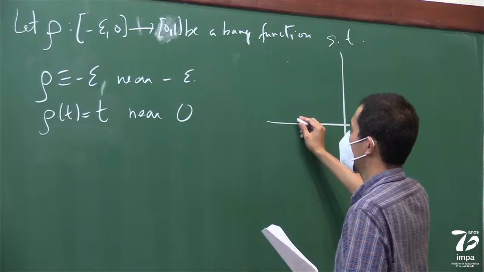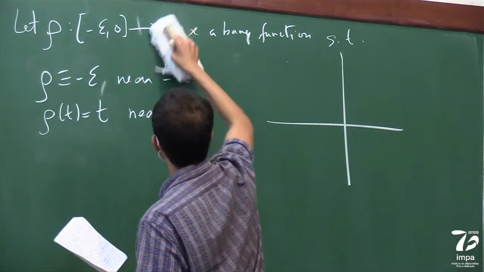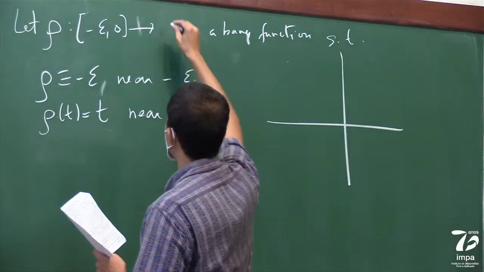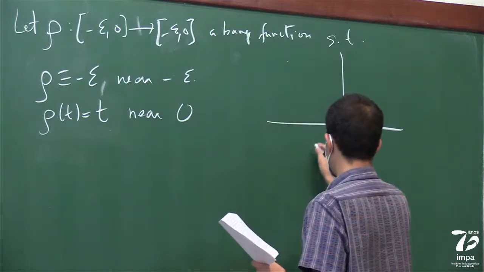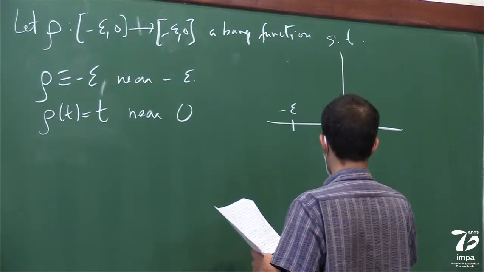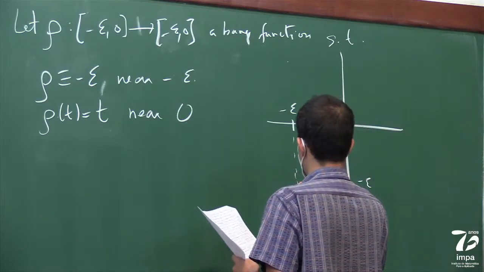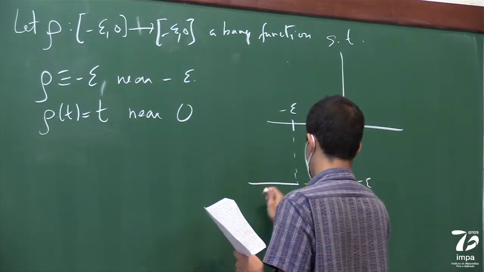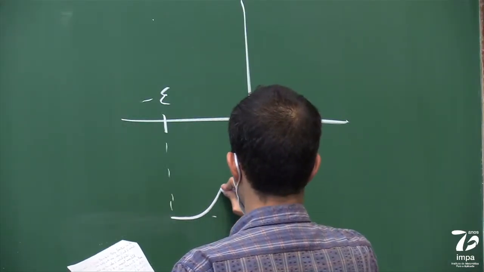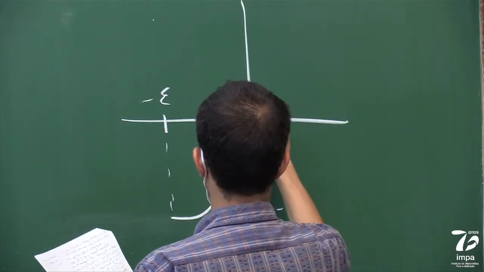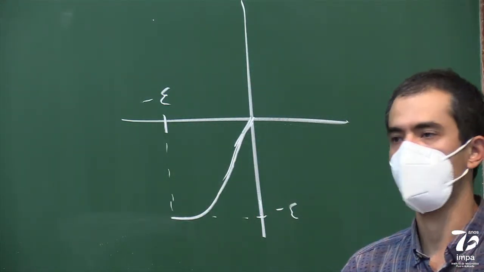So it is not between 0 and minus 1. I want it to be between minus epsilon and 0. Here's minus epsilon. It starts at minus epsilon, and I want it to be like this. Okay.